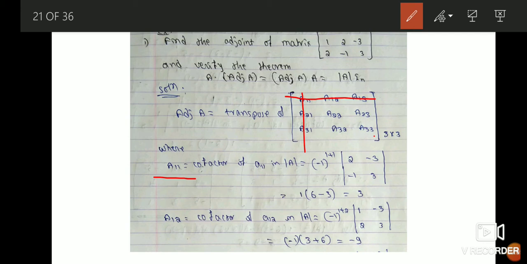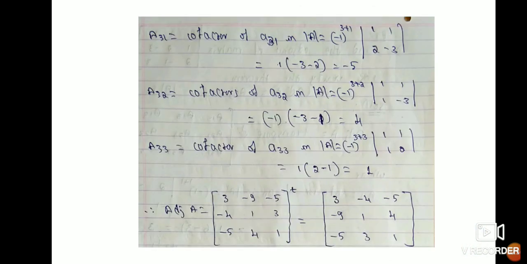Then you have to get the value for A12. For A12, you remove the elements of the first row and the second column, leaving 1 minus 3 and 2 3, and the answer is minus 3. Similarly, we can calculate A13 by eliminating the first row and third column, leaving A21, A22, A31 and A32.